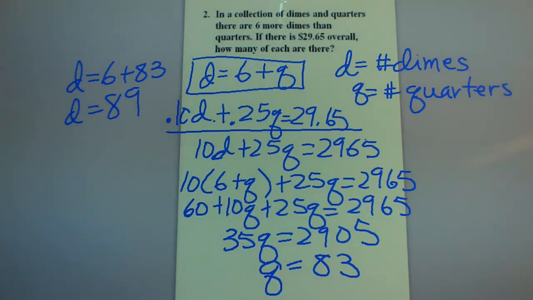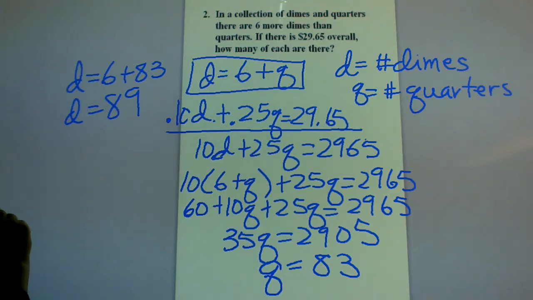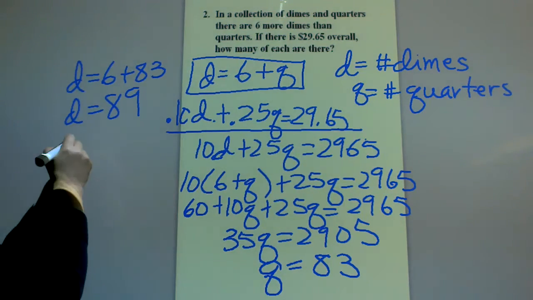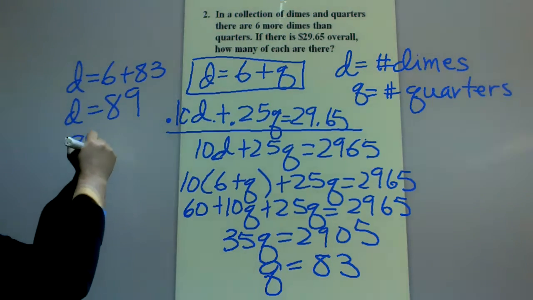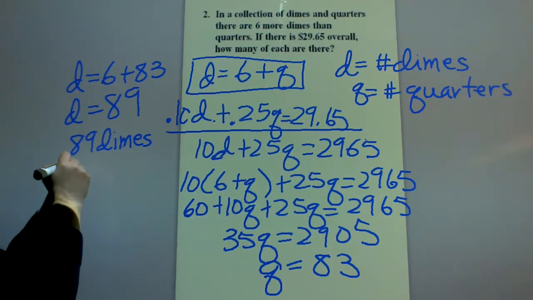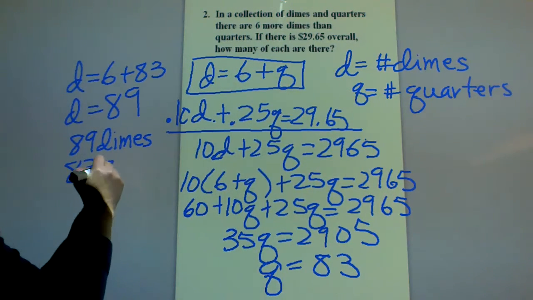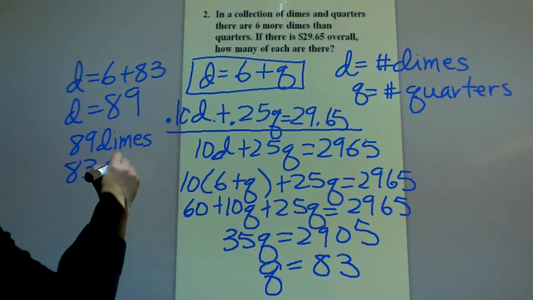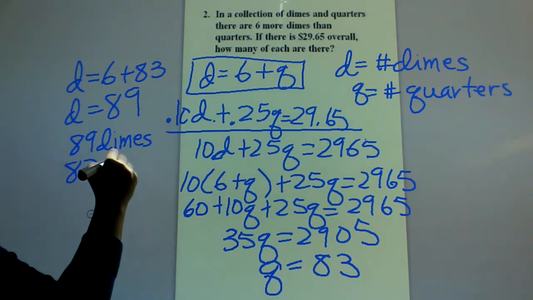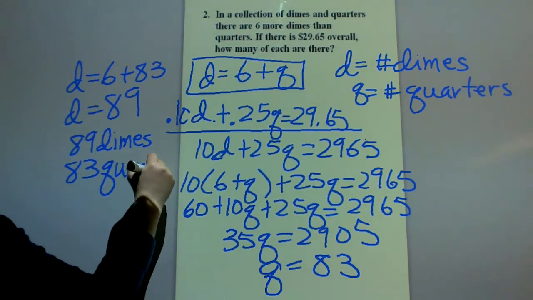So then you just write a little sentence about what's happening. So you're going to have 89 dimes and 83 quarters in the collection.